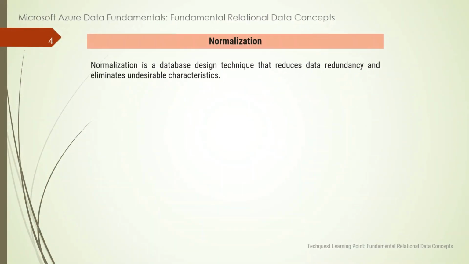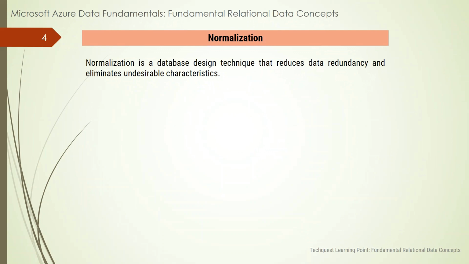In order to develop clean data, data normalization is generally considered. Normalization is a term used by database professionals for a schema design process that minimizes data duplication and enforces data integrity. So we can say normalization is a database design technique that reduces data redundancy and eliminates undesirable characteristics.